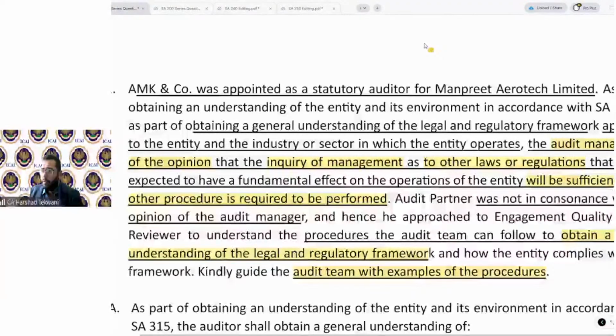Come on, guys. So which procedures is it? What procedures are required to be performed?